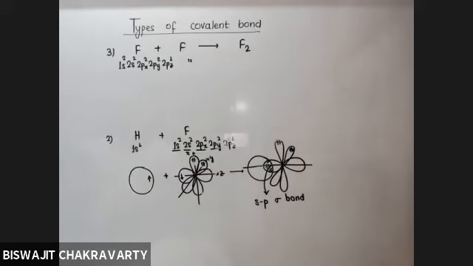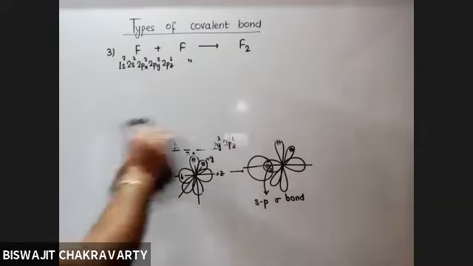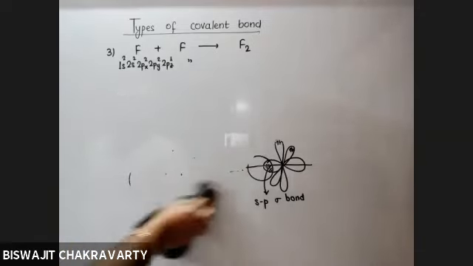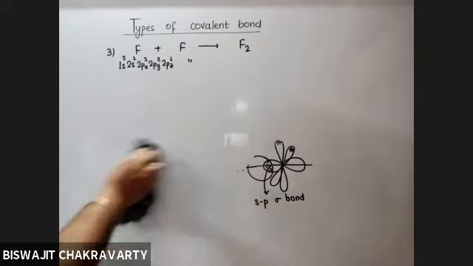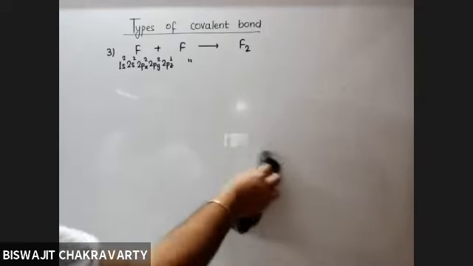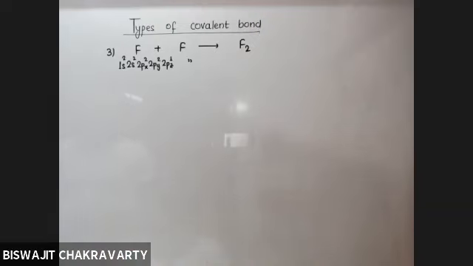In both the fluorine atoms, the unpaired electrons are present in which orbital? Yes, in the 2pz.